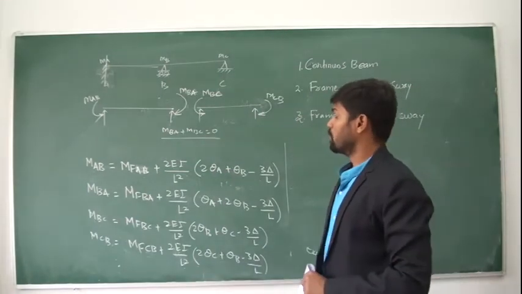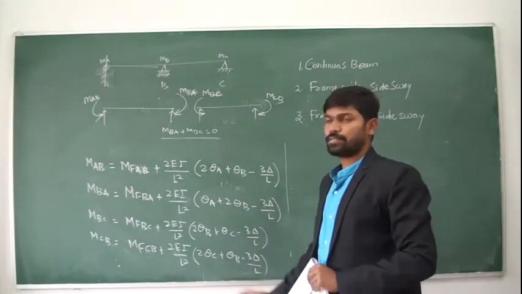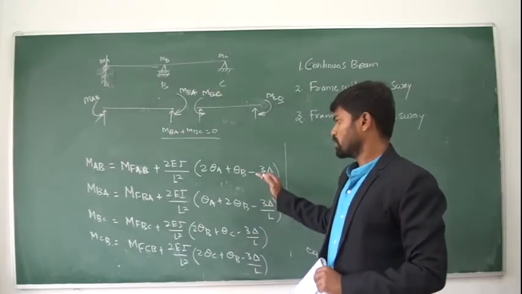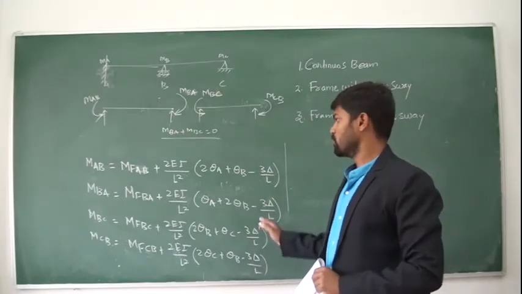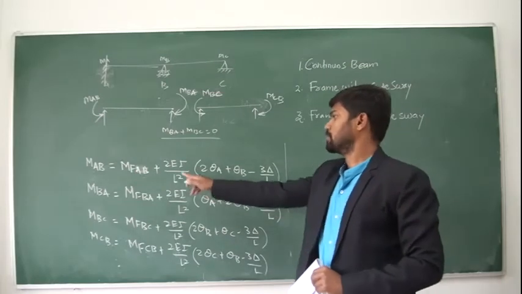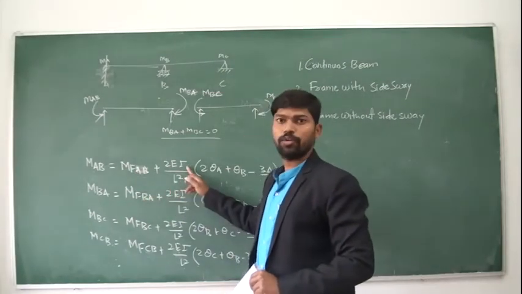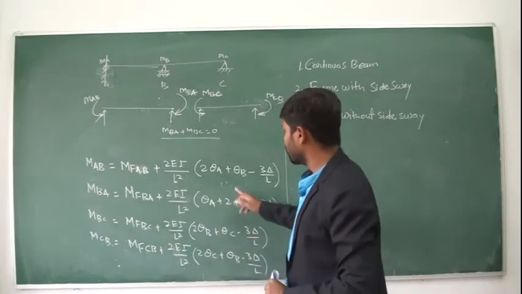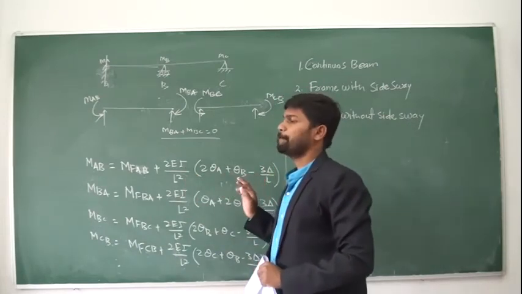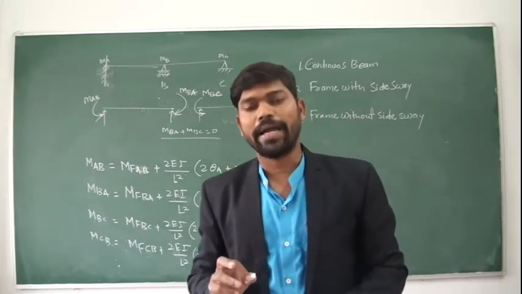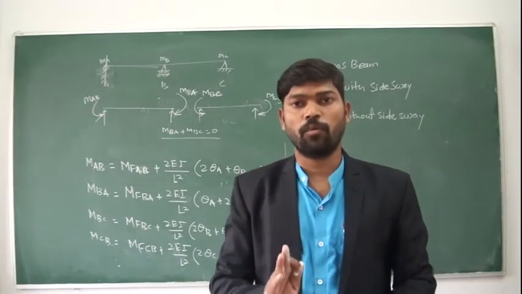Okay. Now what is the next step after this? First, you have to simplify these equations by putting the known values of these terms. So now MFB is known to you. The value will be given in the example. Now what about theta A and theta B? See, theta is the slope, and the slope at fixed support is 0.